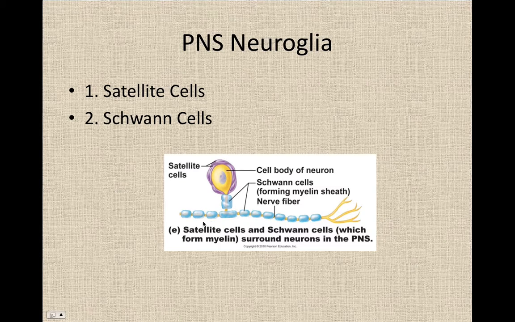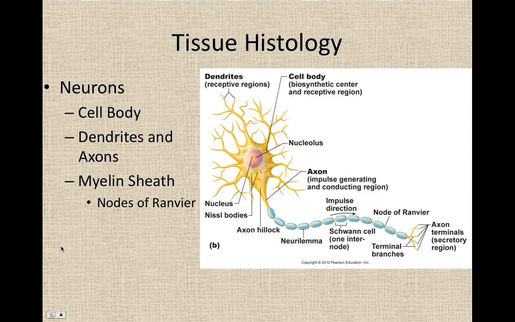And since the peripheral nervous system neurons can be significantly longer than the central nervous system neurons, you're going to have these little gaps between them, and these are known as nodes of Ranvier, which allow your signal to skip significant portions of the neuron, again speeding up the signal.